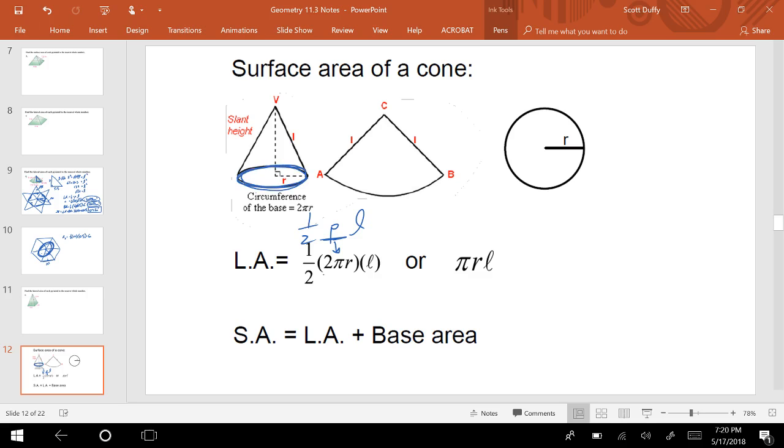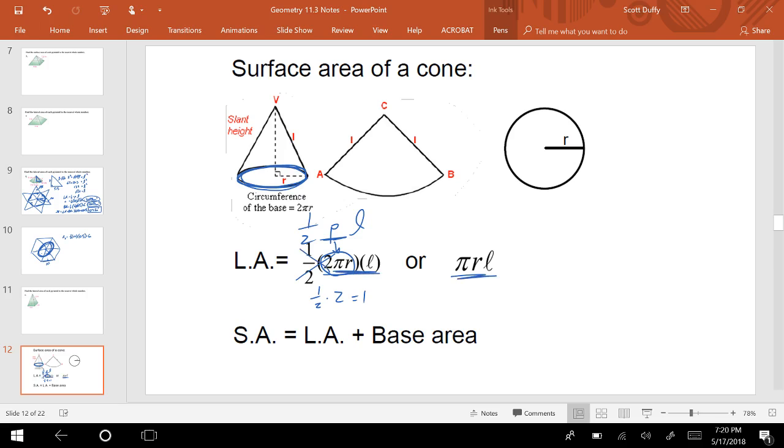We know that the circumference is 2 times pi times r. So, if we take 1/2 times 2 times pi times r times the slant height, you see that 1/2 times 2 equals 1. So they kind of cancel each other, and you get pi r l.